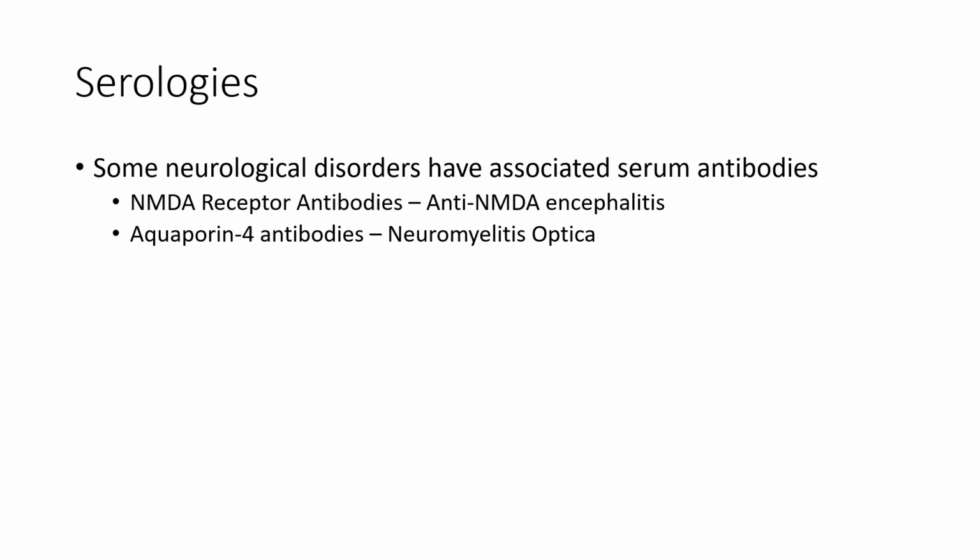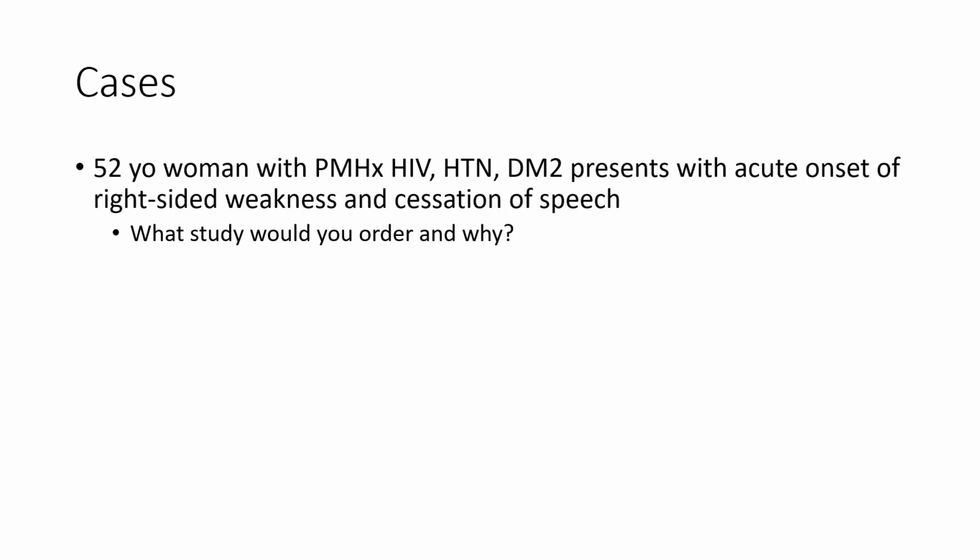For serologies, there are some neurological disorders that have associated serum antibodies. So this includes NMDA receptor antibodies like for anti-NMDA encephalitis, aquaporin 4 antibodies for neuromyelitis optica, and also myasthenia antibodies as well.